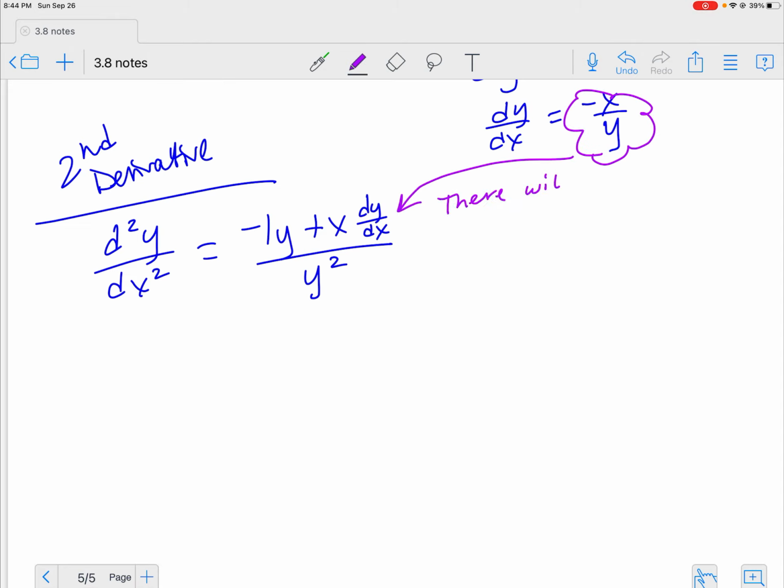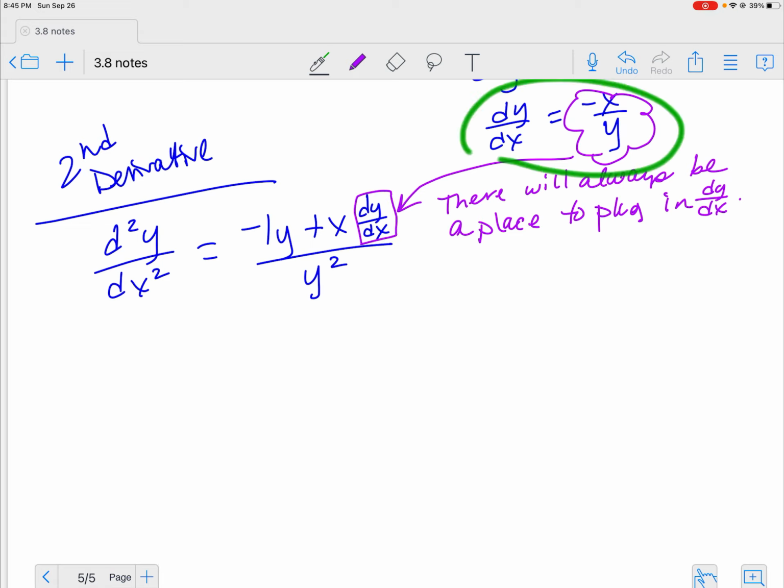There will always be a place to plug in dy dx. I already found dy dx. It's my first derivative, right? If dy dx equals negative x over y, that means when I have dy dx here, that is equivalent to negative x over y.